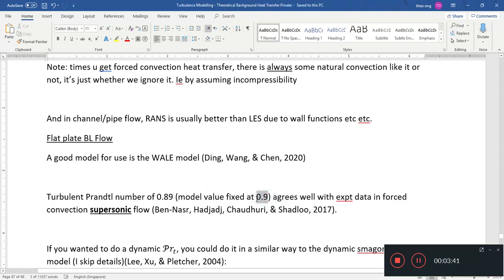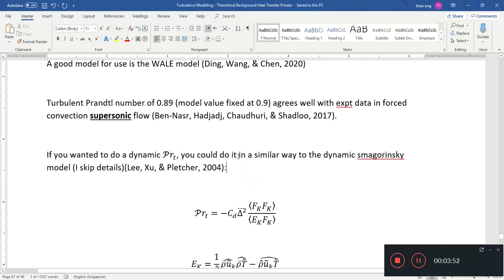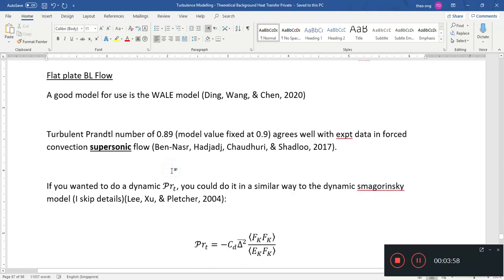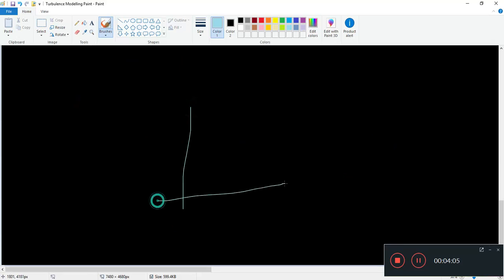This one for supersonic flow heat transfer also works. But if you wanted to do a dynamic turbulent Prandtl number, you could do it in a similar way to the dynamic Smagorinsky model, if you don't want it to be fixed and you want it to agree well with your wall regions. Because close to the wall is where the most critical heat transfer process happens. The most thermal resistance is there.